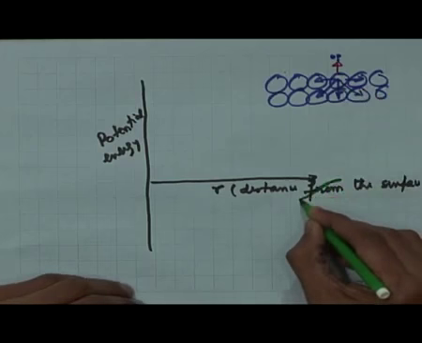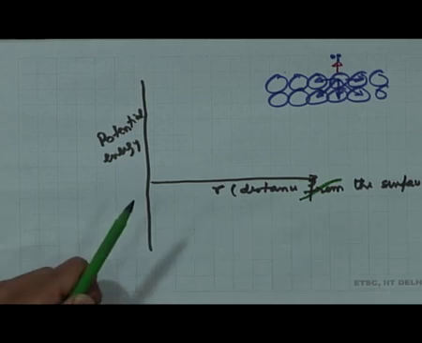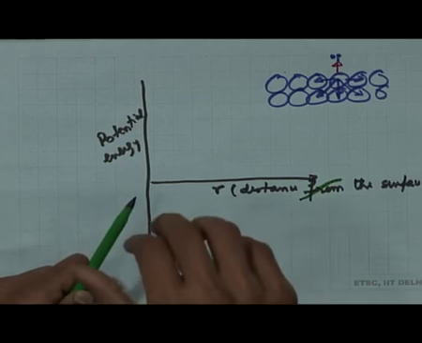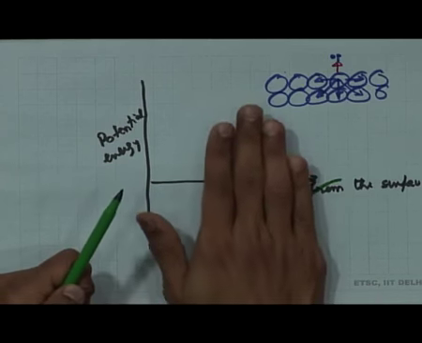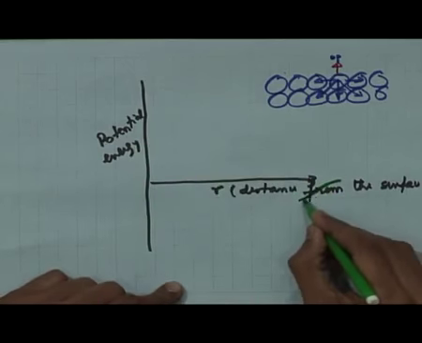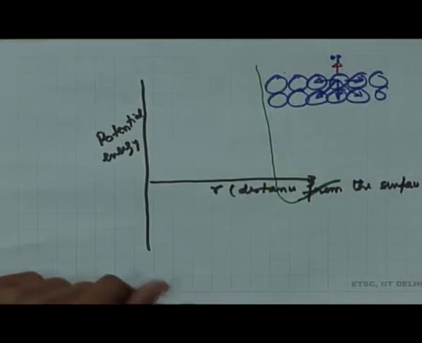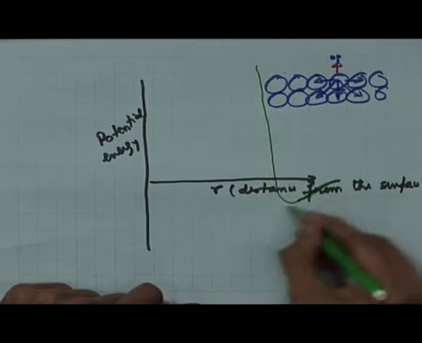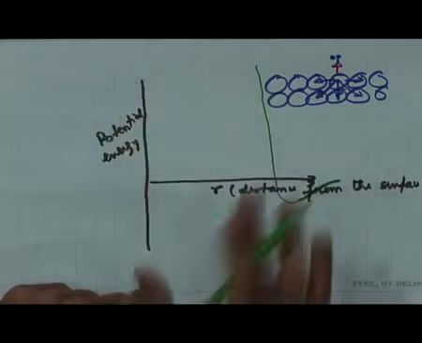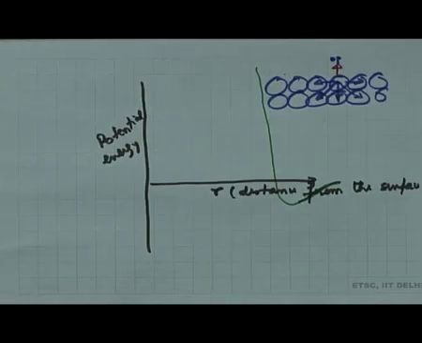So, the potential energy drops, it drops up to a point after which if I push the diatomic molecule closer and closer to the surface, its potential energy would start to rise. So, it goes down up to a point and then it starts to rise. The exact details of how this curve looks is not something that you and I have to worry about, but this is the general form.